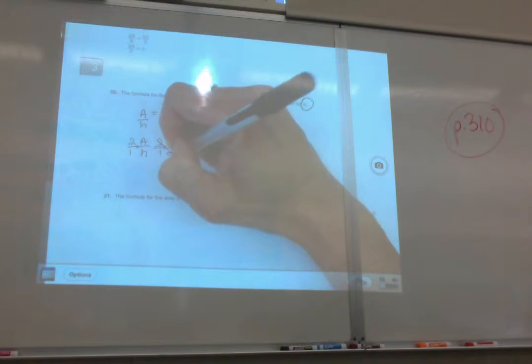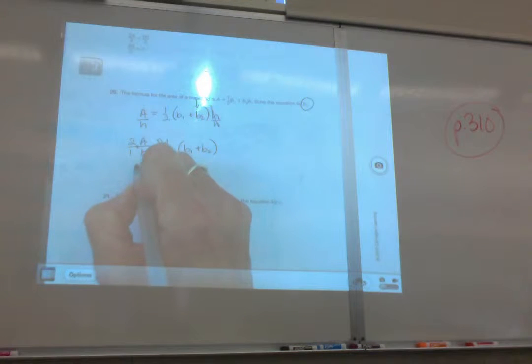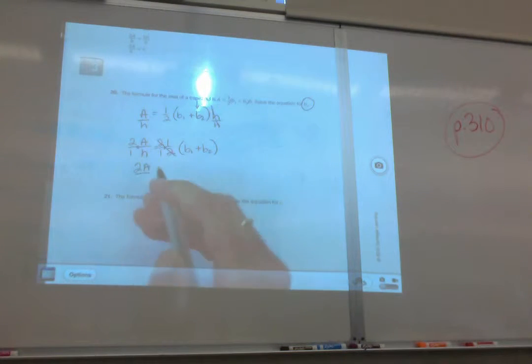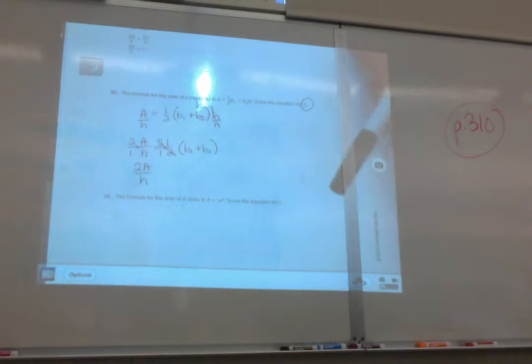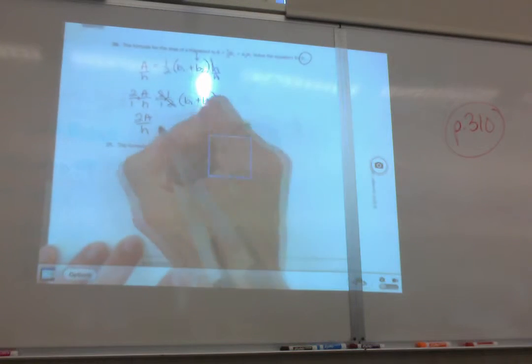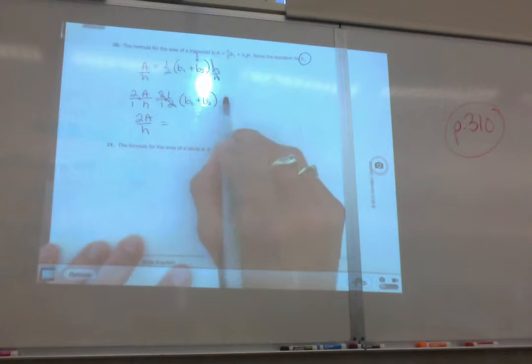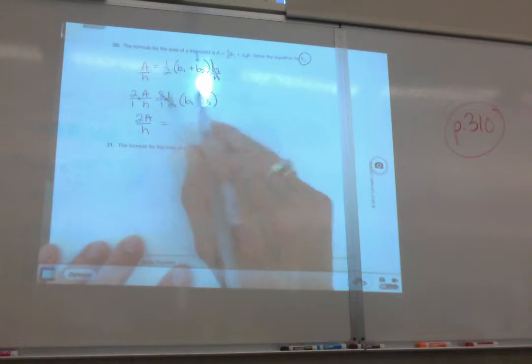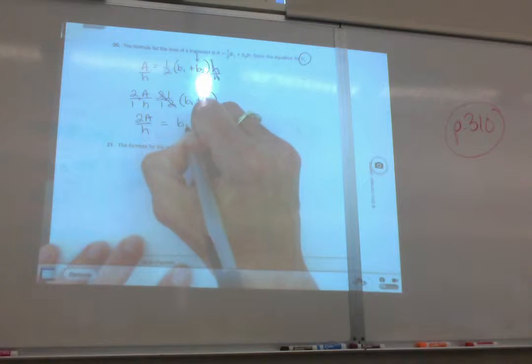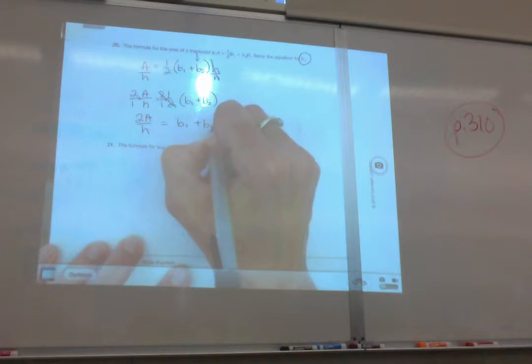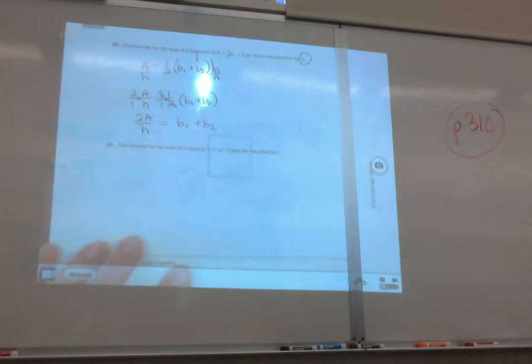So that cancels here. On the other side, that 2 is going to stay on top of a fraction, 2a, and on the bottom you have 1 times h, or just an h. On this side, we now have everything out of the back and the front of the parentheses. I can just let those guys free, B1 and B2.